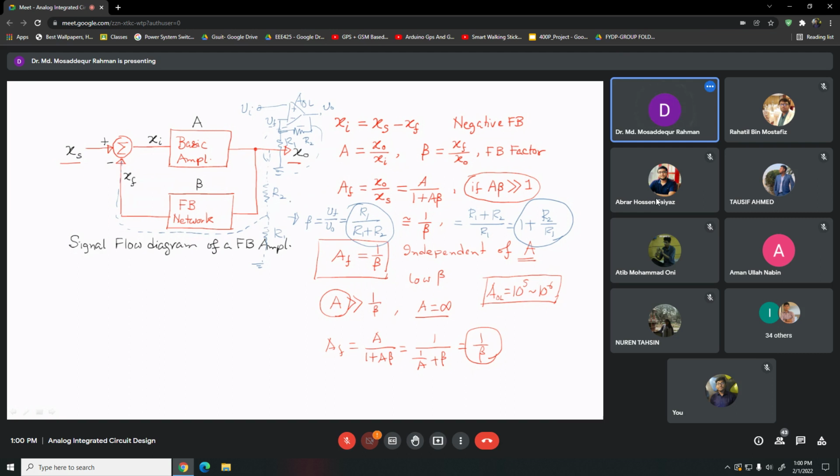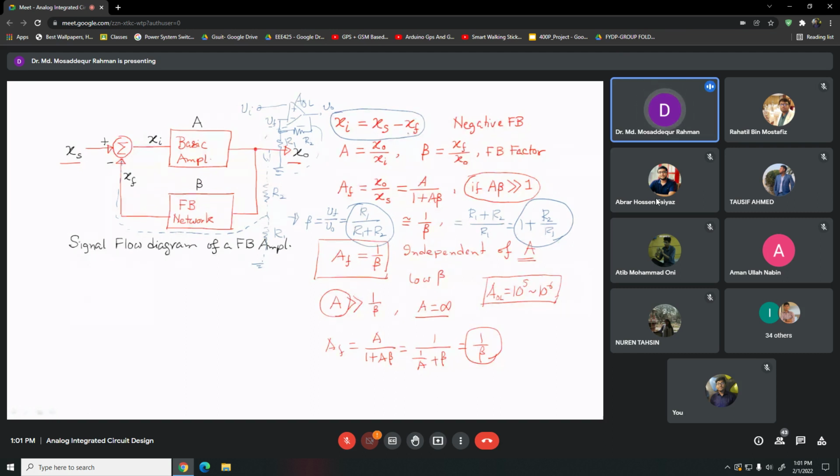One requirement is that at the input side, we need to take the difference between the source signal and our feedback signal, and that has to be precise, right? The circuit or whatever device that we use here should be very precise in taking this difference, right?